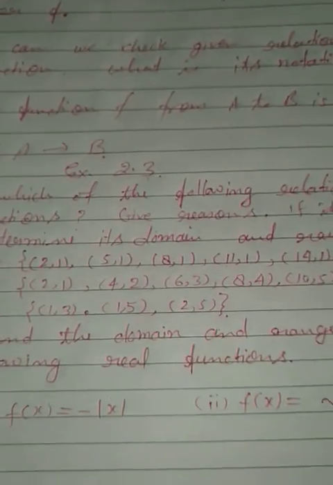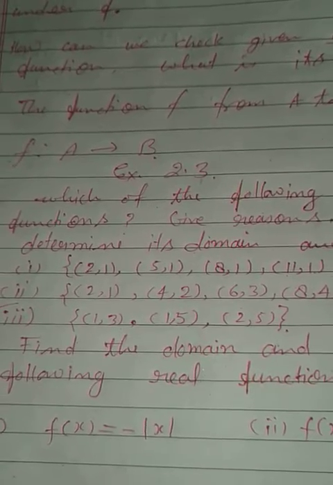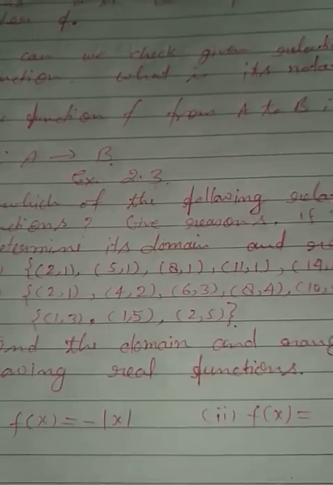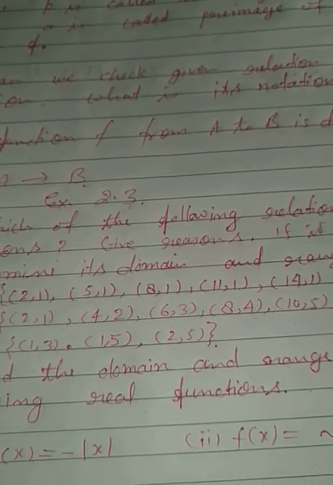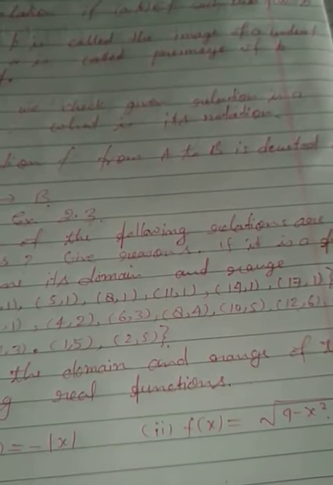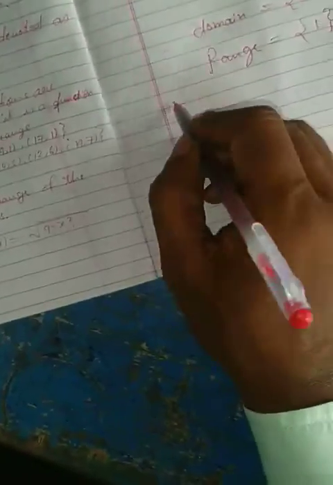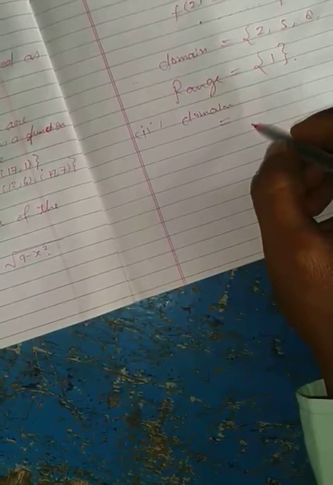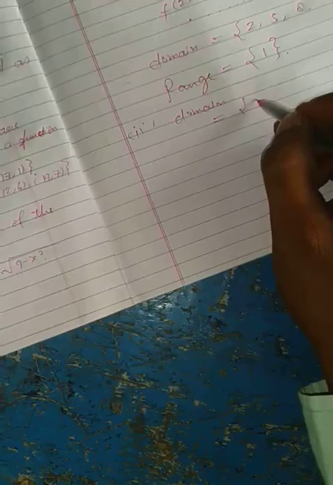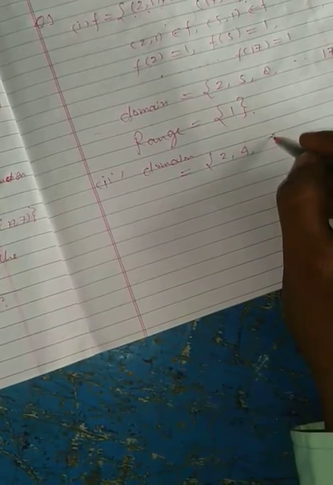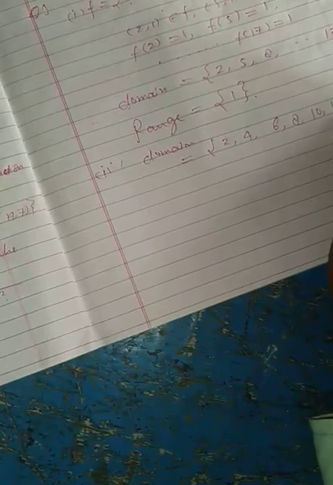We write the first members of the ordered pairs: 2, 4, 6, 8, 10, 12, and last 14.